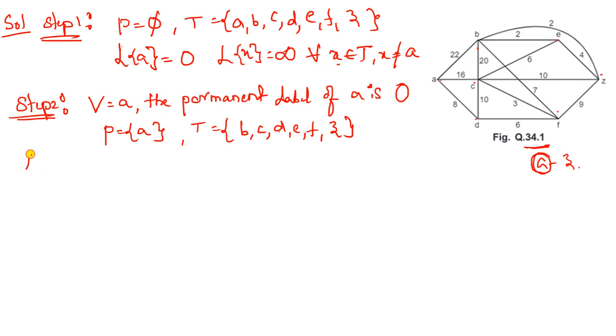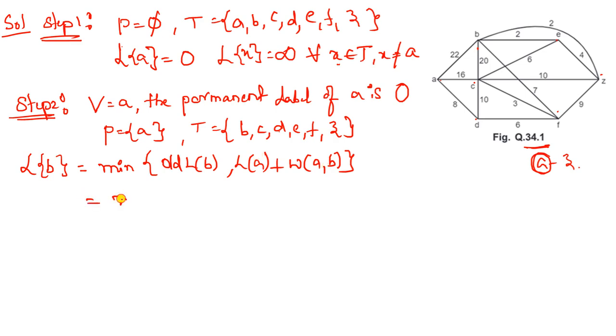Next, length of B. Length of B is equal to the minimum of the old length of B and length of A plus the weight between A and B. In this step, all the values will be computed using the length of A. Since we have not visited B yet, we are at A only, so the old length of B is infinity, the length of A is 0, plus the weight between A and B, which is 22.